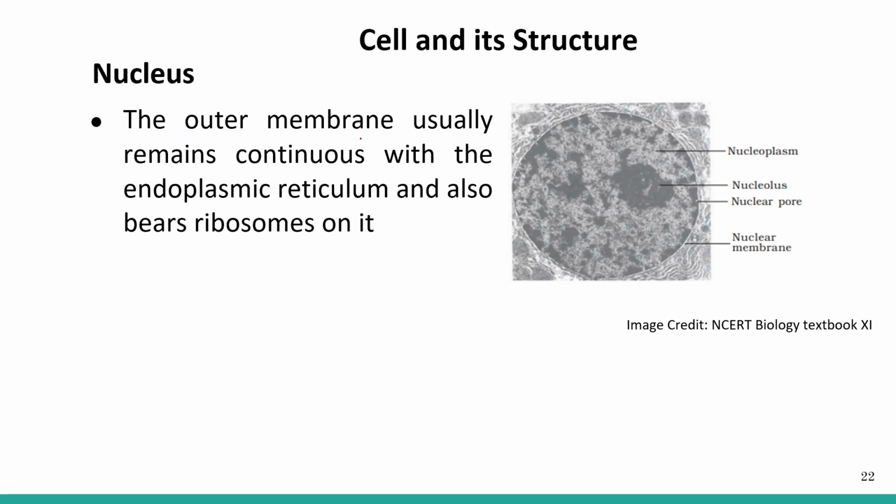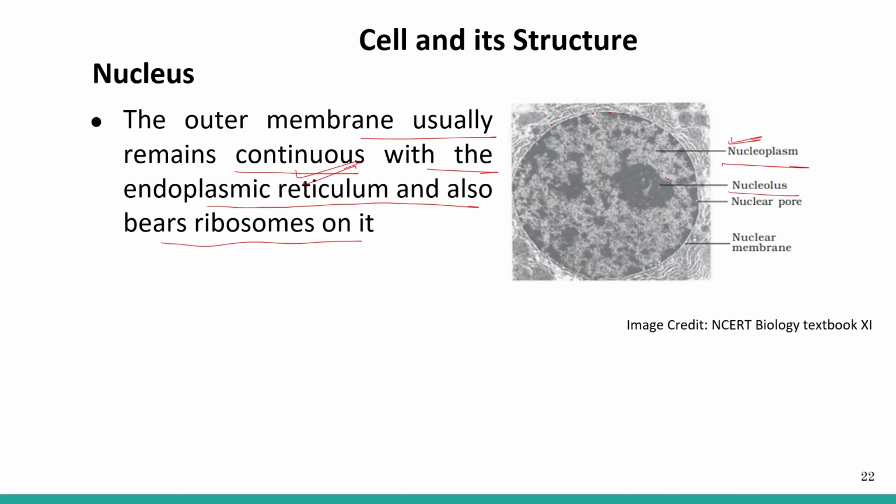The outer membrane usually remains continuous with the endoplasmic reticulum and also bears ribosomes on it. So the outer surface of the nucleus is continuous with the endoplasmic reticulum, and some ribosomes are attached to the outer surface. This is the nucleoplasm, the liquid substance present in the nucleus.